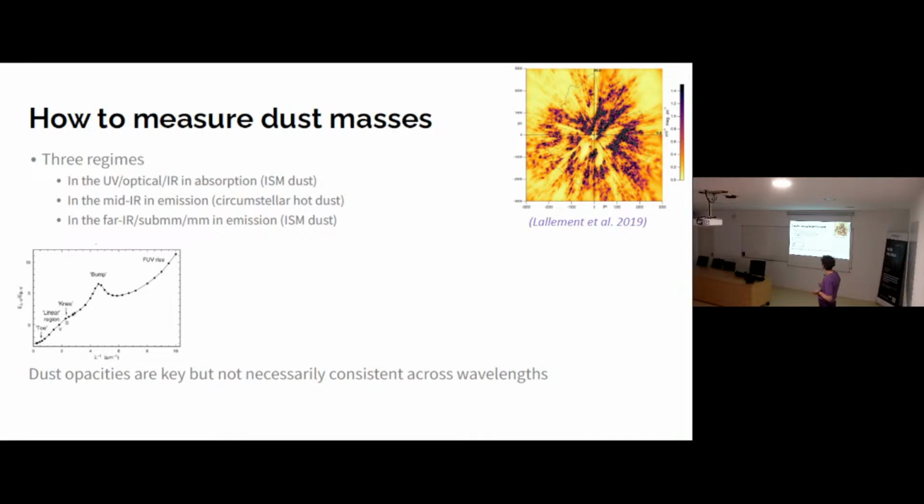So there we basically use the interstellar extinction curve. There's just one example of what that looks like. If you work in the optical, you know B minus V, that you measure the reddening. You can actually use that information to measure dust columns towards stars in the solar neighborhood.